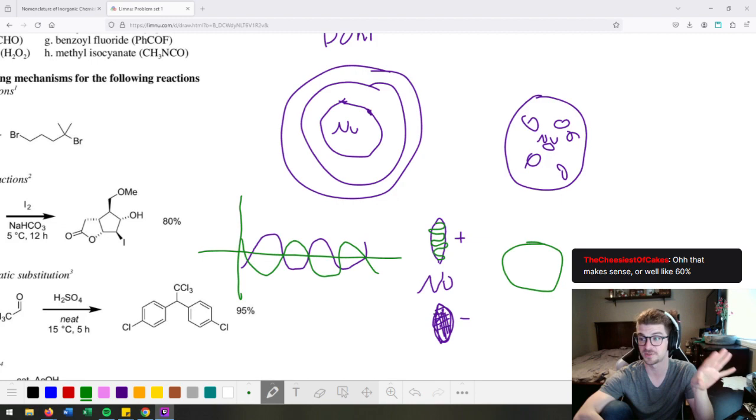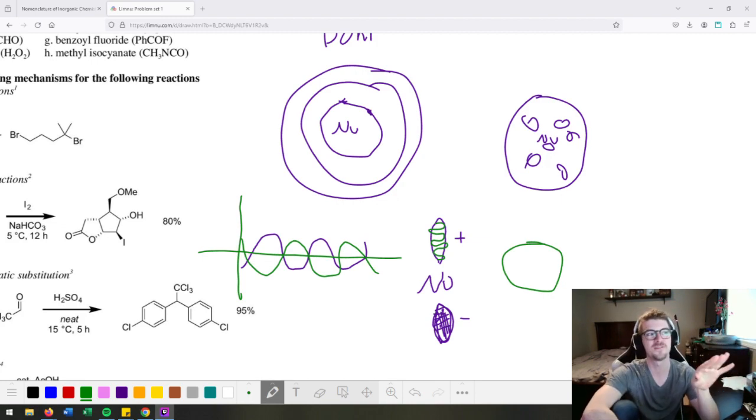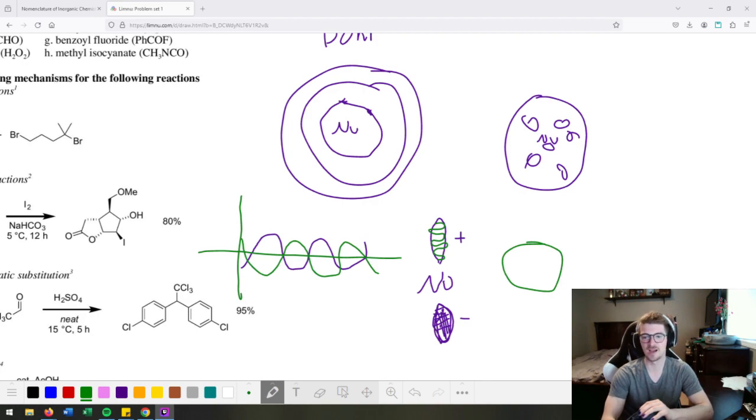Okay, so I'm going to redirect a little bit back to talking about just the simpler view of orbitals, because I don't understand a lot of the quantum chemistry that underpins it, but we don't need to. That's the lovely news here. So what we need to know is that electrons occupy these orbitals.